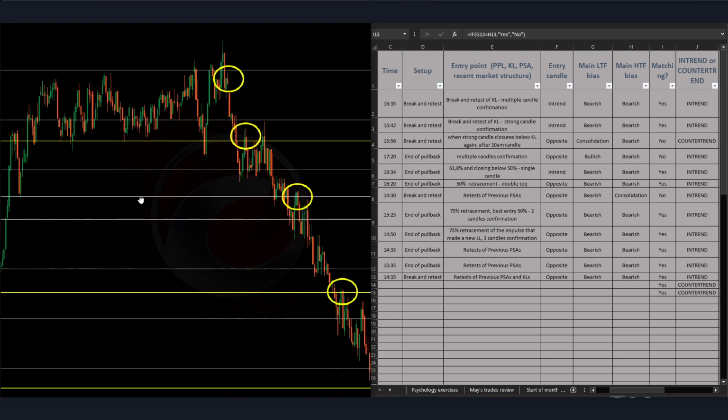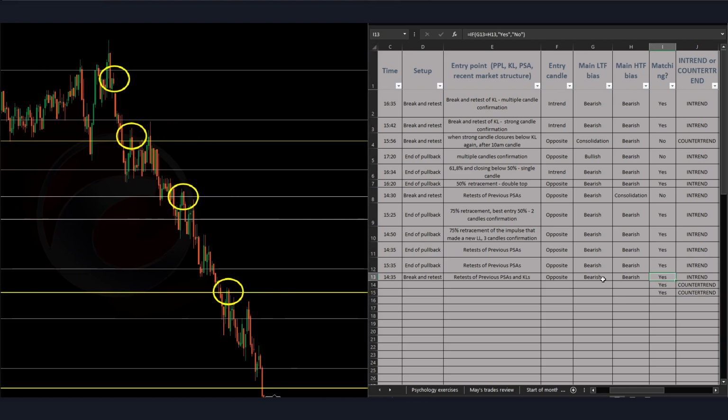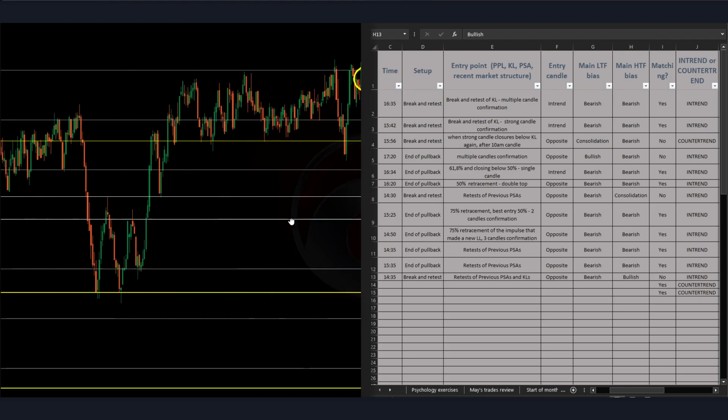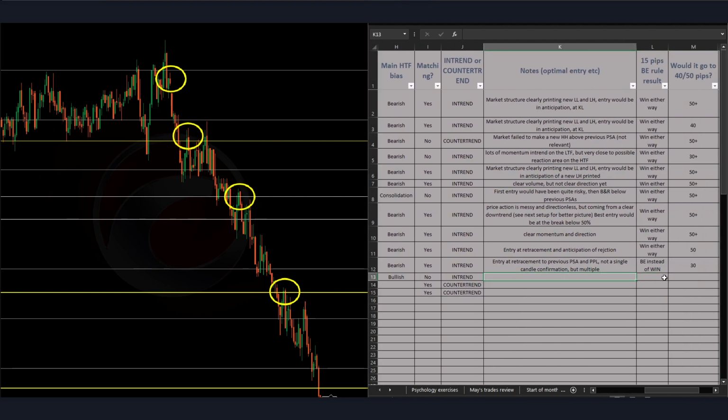High time frame so far is still bullish, but below here it's okay. So far here it was not, because high time frame was still bullish and lower time frame was absolutely bearish. So we had multiple entries below previous PSAs and key levels with thin waves and retests.